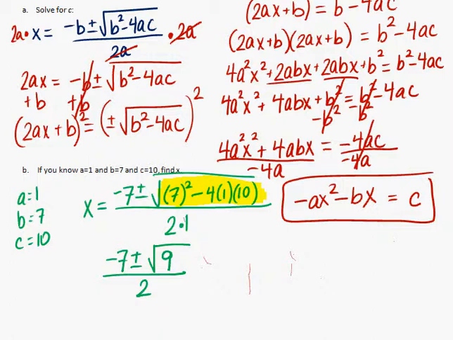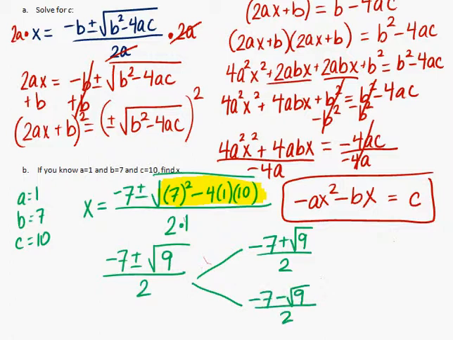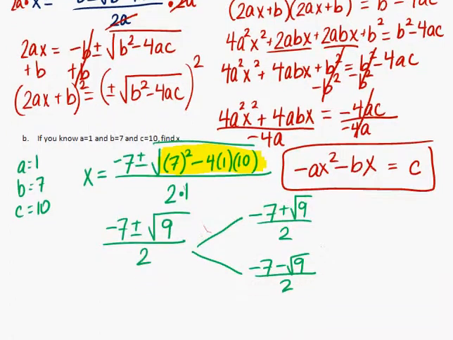So what I like to do because of the plus or minus is divide this into 2 parts. I like to do negative 7 plus the square root of 9 over 2, and negative 7 minus the square root of 9 over 2. That's all that plus or minus really means. At this point, square root of 9 is 3, so this is equivalent to negative 7 plus 3 over 2.